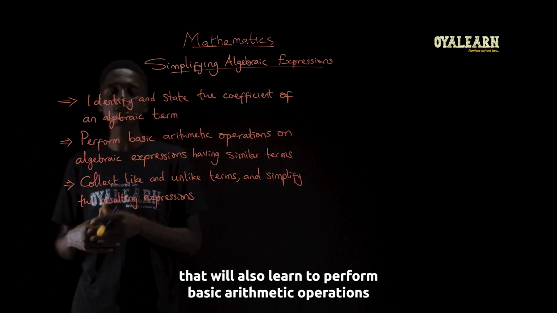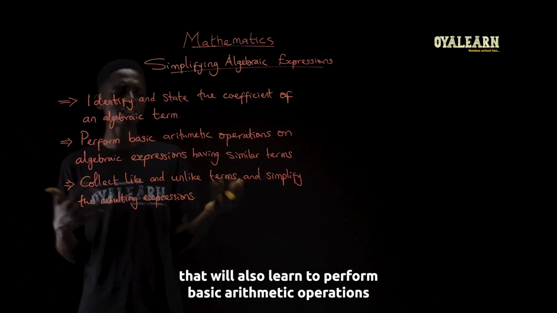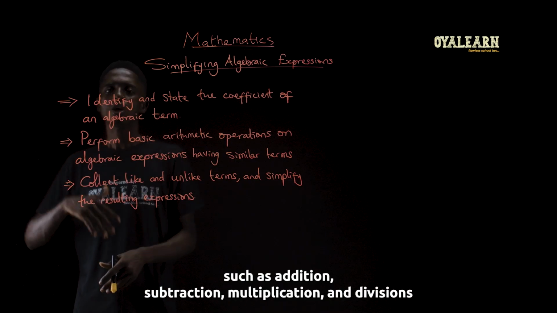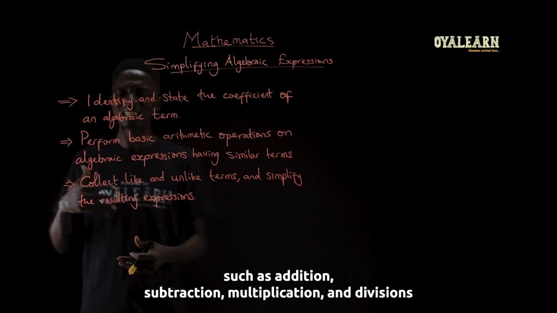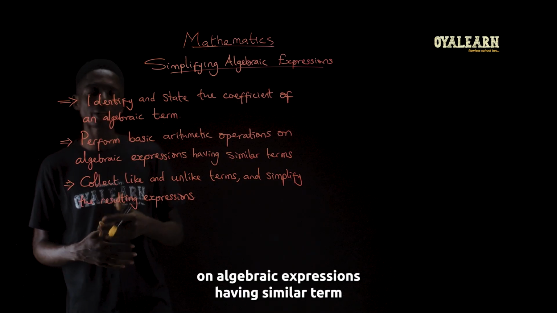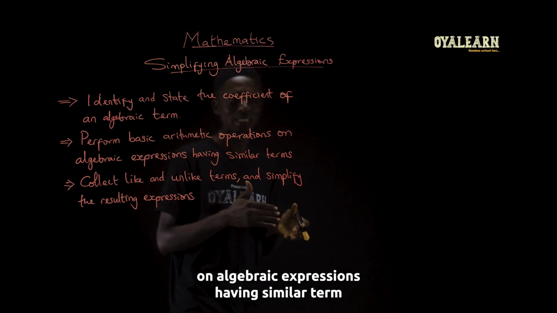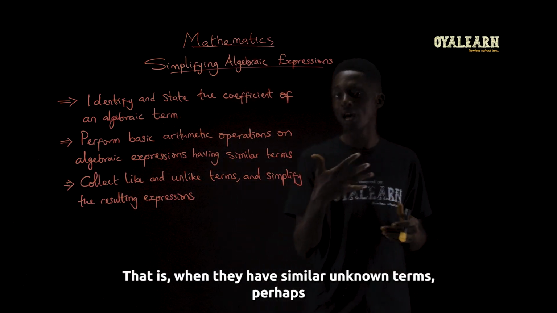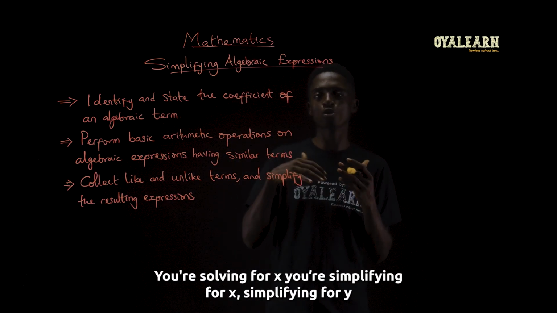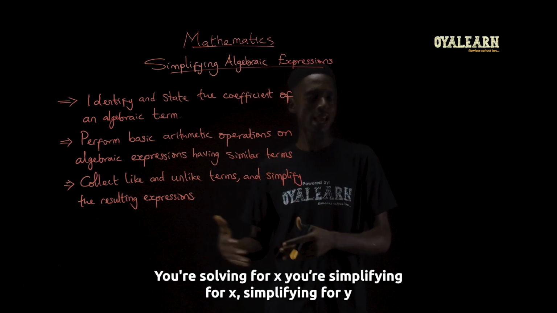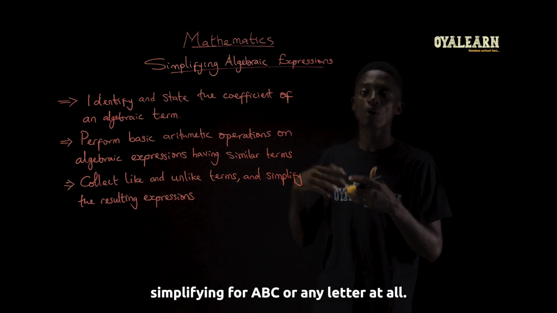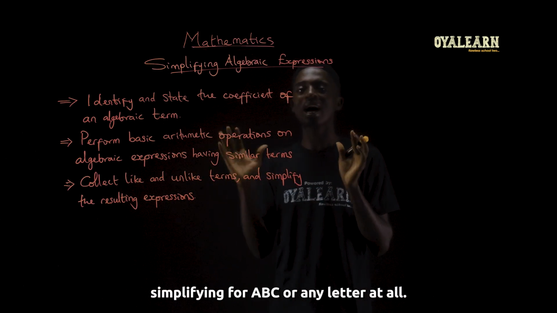Aside from that, we'll also learn to perform basic arithmetic operations such as addition, subtraction, multiplication, and division on algebraic expressions having similar terms. That is, when they have similar unknown terms, perhaps you're solving for x, simplifying for y, simplifying for a, b, c, or any letter at all.